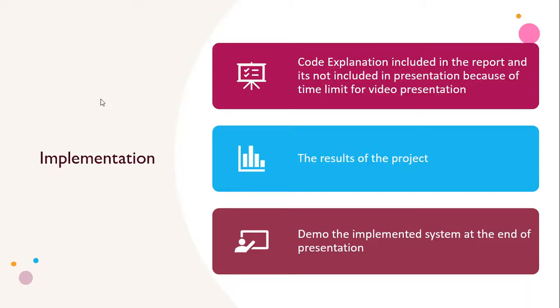The implementation and code explanation were added to the project report, and we did not include them here in the presentation because of the time limit for the video presentation. It's also included in the results part of the project. And we will demo our system at the end of this slides presentation.